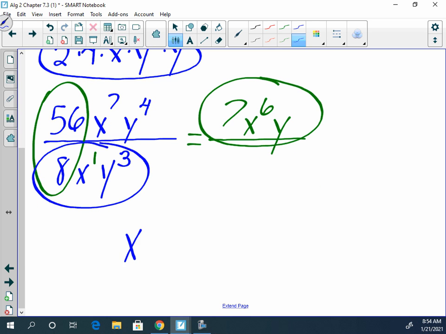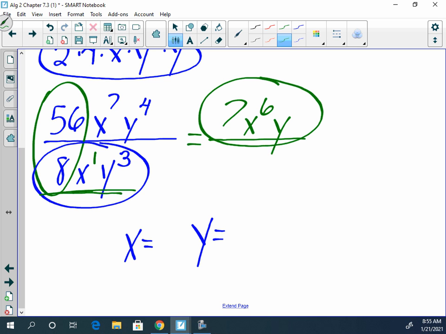X and y, there are two variables in the denominator, yes? Is there anything being added or subtracted to this here? No. Is everything being multiplied together? Yes? What did we say?